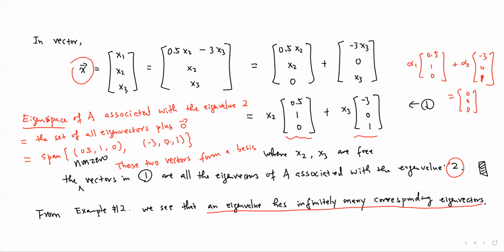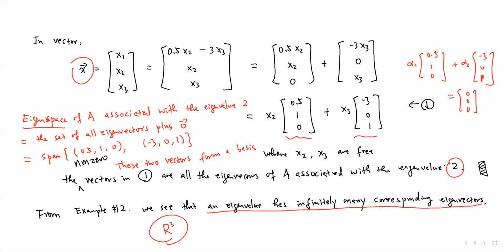These two vectors together are a basis for the eigenspace, and because the basis contains two vectors, the dimension is 2. It is a two-dimensional subspace in R3. All the eigenvectors are vectors in R3, spanned by these two vectors. So the eigenspace is a two-dimensional subspace of R3.